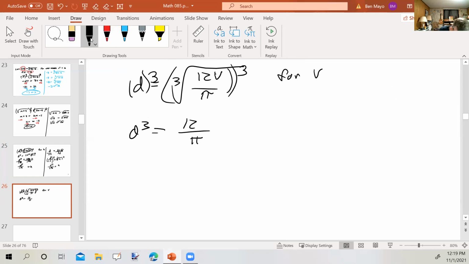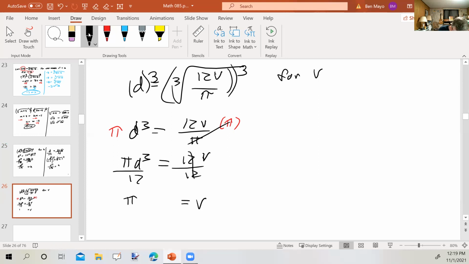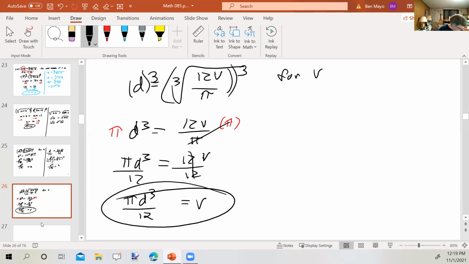My v looks like an r. Then we'll multiply both sides by pi. So we get pi d cubed equals 12v. Divide both sides by 12, and v equals pi d cubed over 12.